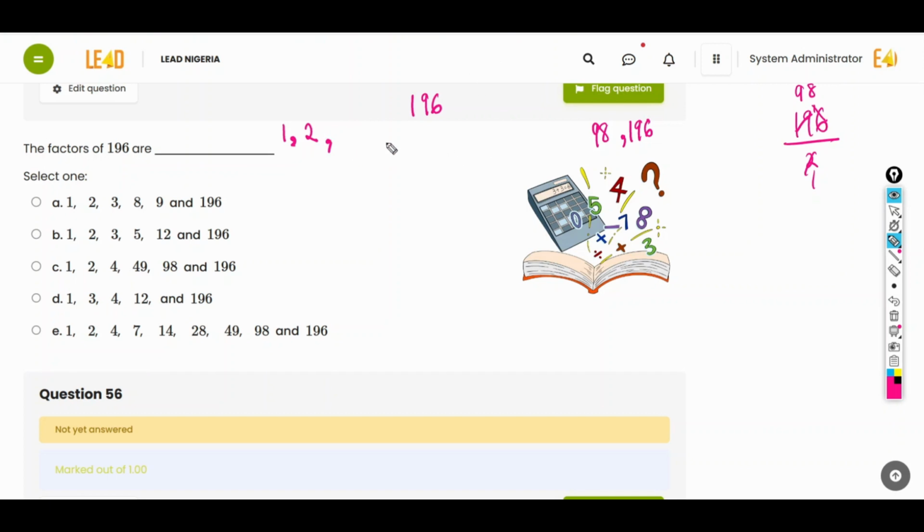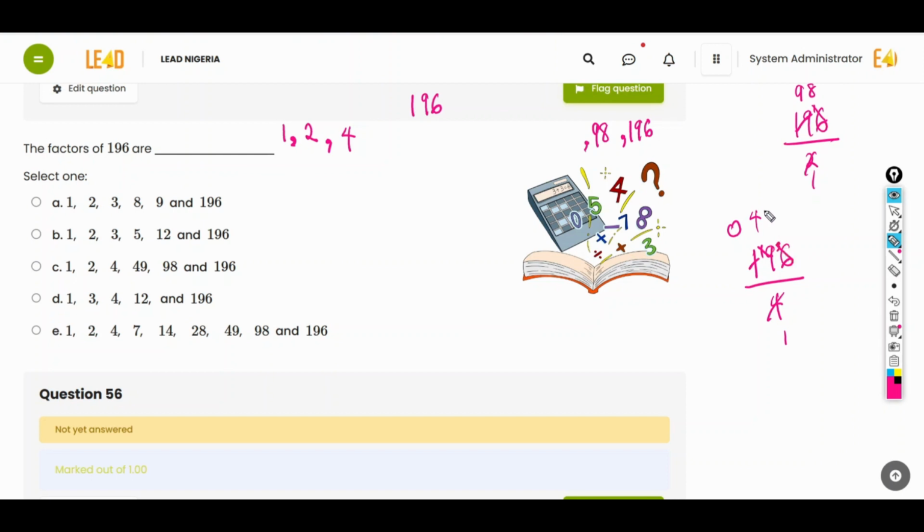But I know it can be divided by 4. All right, I know it can be divided by 4 because the last 2 digits, 96, can be divided by 4. So to find out the factor pair, I would have to go 196 divided by 4. 4 in 1 is 0. Put the 1 in 19. 4 in 19 is 4.